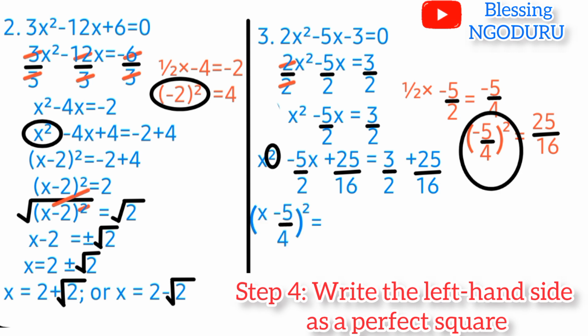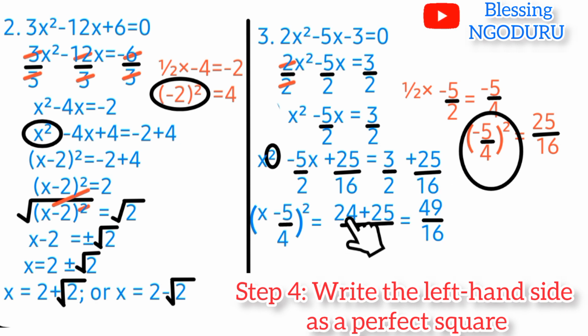So our focus will be on x squared and minus 5 over 4 squared. So here we have x minus 5 over 4 all squared, because they both have the power of 2. Now let's simplify this. The LCM of 2 and 16 is 16. So 16 divided by 2 gives 8, 8 times 3. 16 divided by 16 gives 1, 1 times 25.